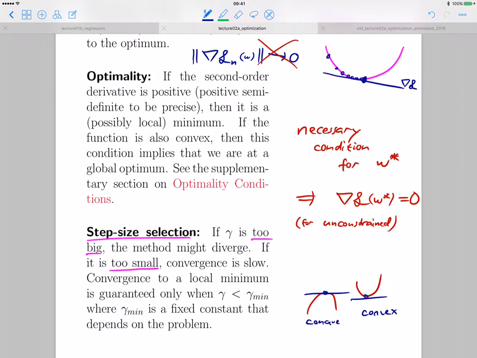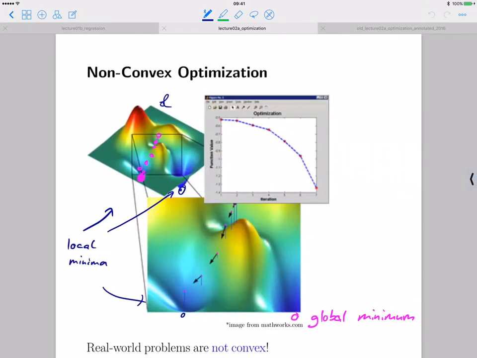You see that the left one is not a minimum, but the right one is a minimum. That has to do with this second condition, which is exactly about that: is it curved upwards from where I am, or curved downwards? That's not strictly required from you, but if you're interested, you can see this in the appendix of these notes.